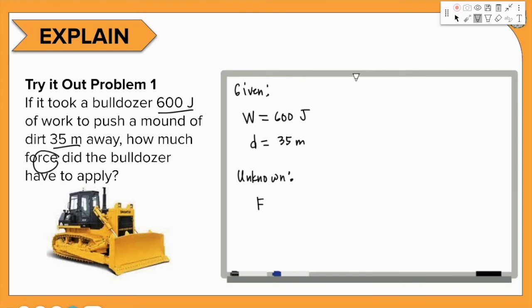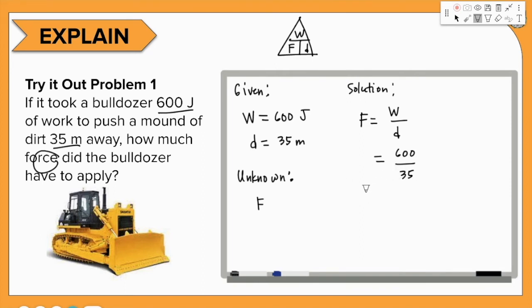Force. So then let's write the solution. So let me draw the pyramid again, right? So work on top, force and displacement below, right? So since we're looking for force, that would just be work divided by displacement, right? So that's 600 joules divided by 35. Again, I can write the unit or not, but I just make sure at the end I have written my final unit.